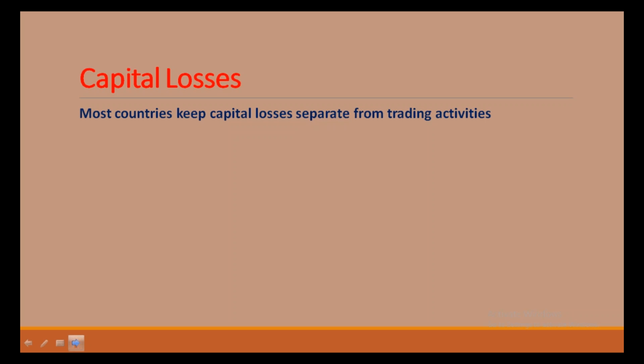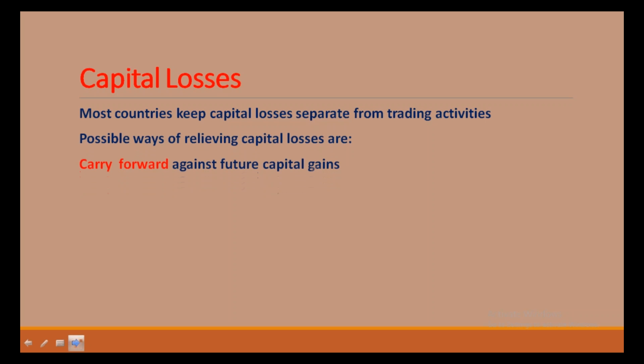Just like accounting profit can be set off against accounting losses, capital losses can generally be set off against the capital profits. You can't normally set off against the normal accounting profits, unless in very exceptional circumstances. So we can normally claim the capital losses against the capital profit.